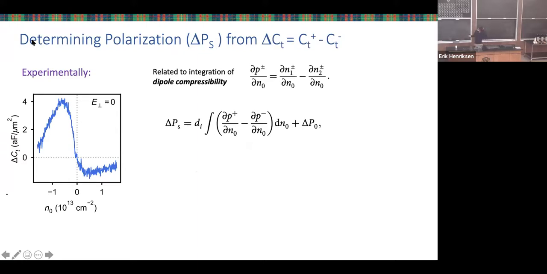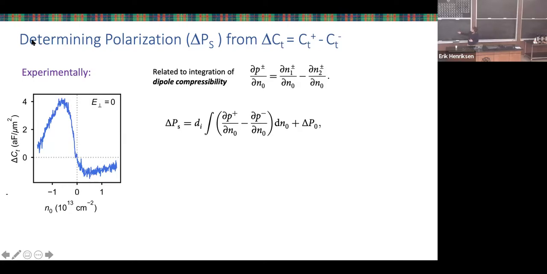Let me spend one slide with a lot of equations, and then we will move on. The polarization is related to the integration of something called the dipole compressibility, and this is actually not too hard to understand. The polarization is the difference between the charge density on the top layer and on the bottom layer, say N1 minus N2.